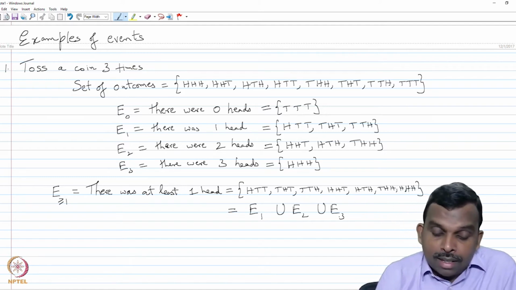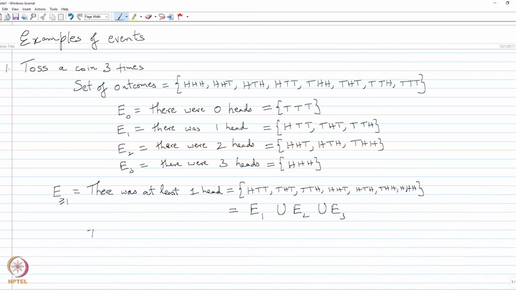Okay, there's another event I'm going to define now. There was at most one head. Okay, so at least and at most have sort of opposite interpretations. There was at most one head means only one head must be there, or you could have no heads at all.